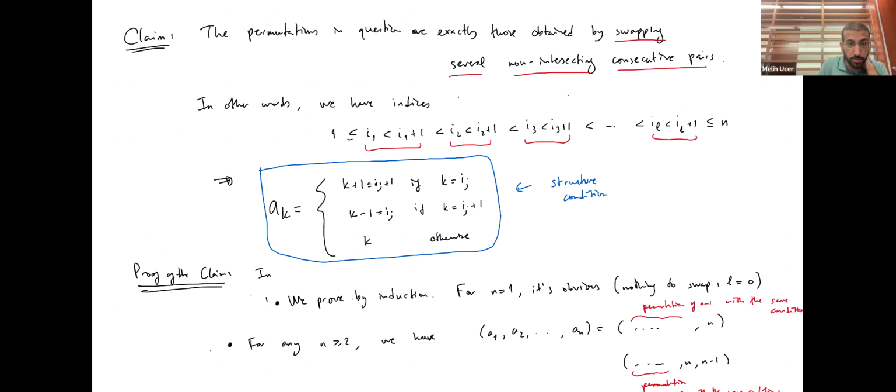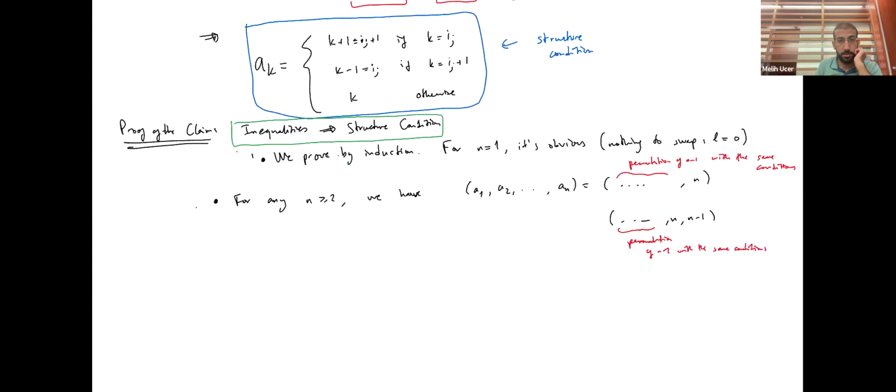There are two things to prove. From the inequalities implies the structure. This is one thing to prove. And the other thing is structure implies the inequalities.